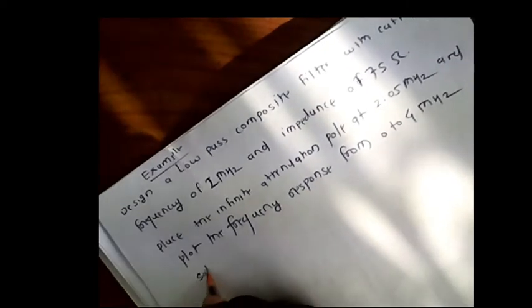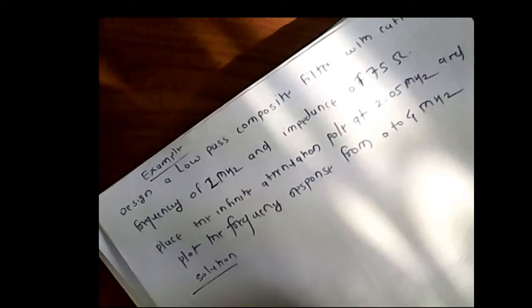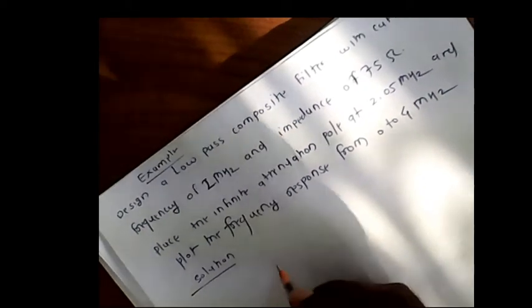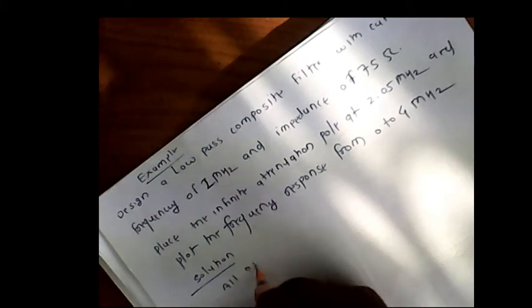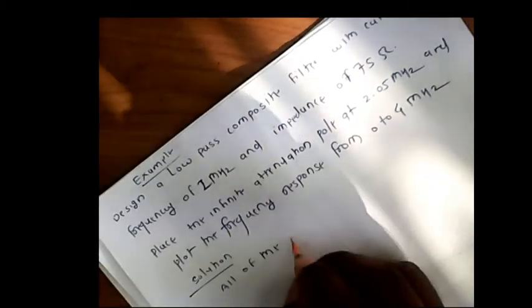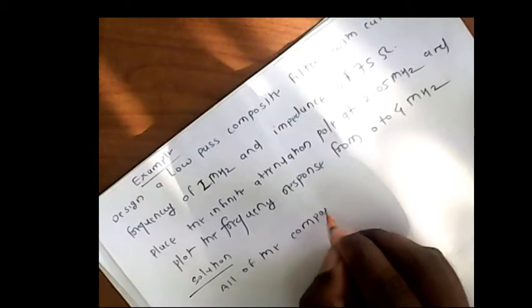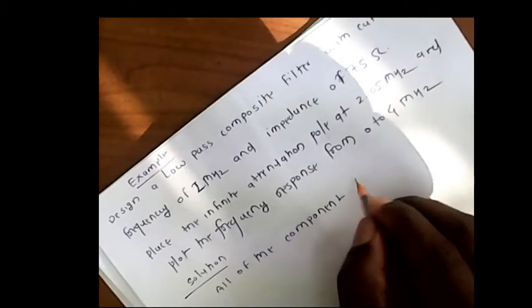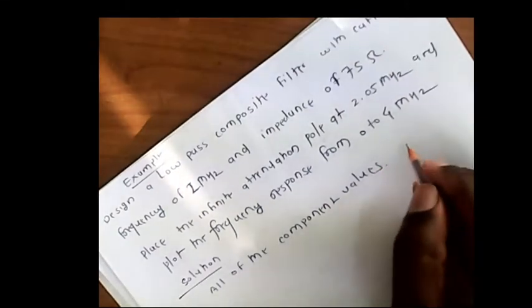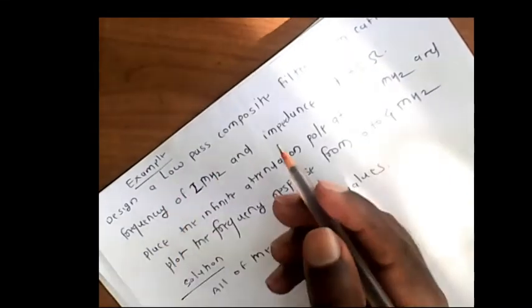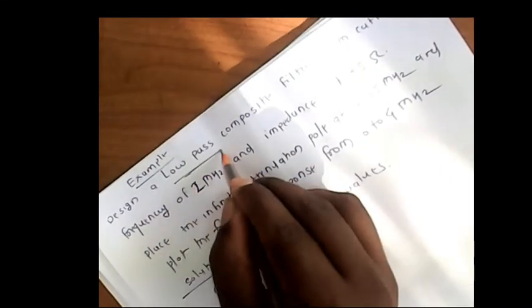First we write down the solution and derive the composite filter in 4 stages. First we write down all of the component values, and which type of filter will be designed, that is low pass.